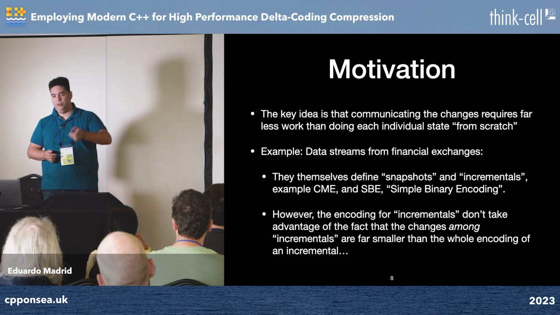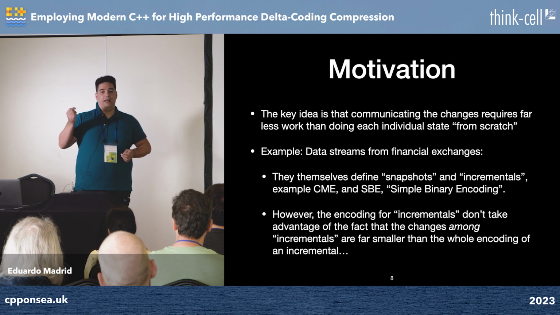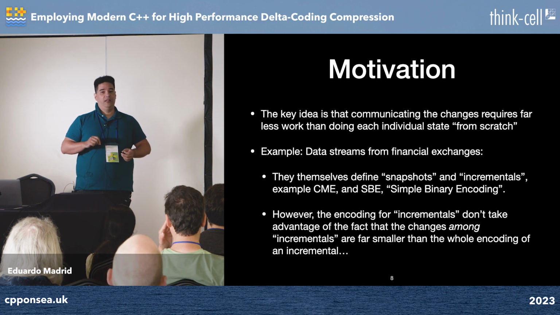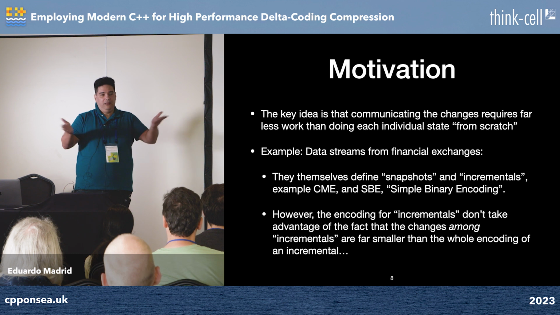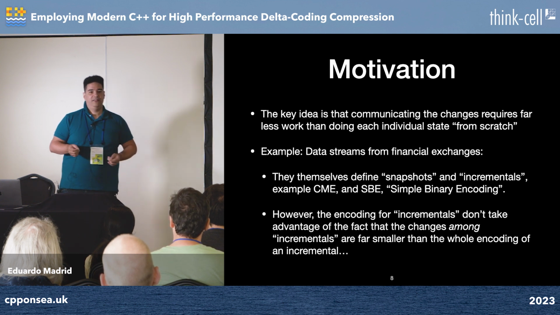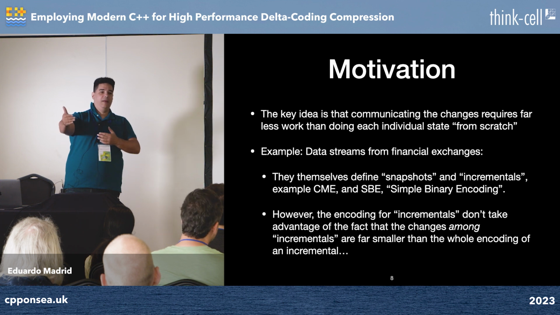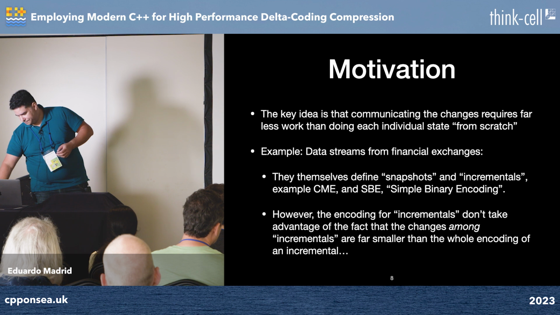I hope to prove to you that delta coding requires so little processing, especially in the decoding part, that on the whole it reduces latencies, even if you put a step of processing in the pipeline for consumption of the data.